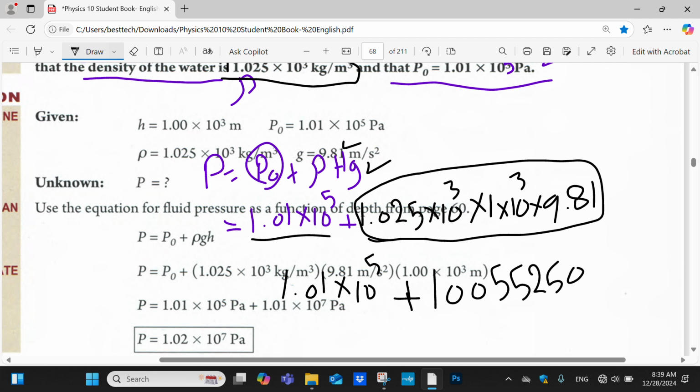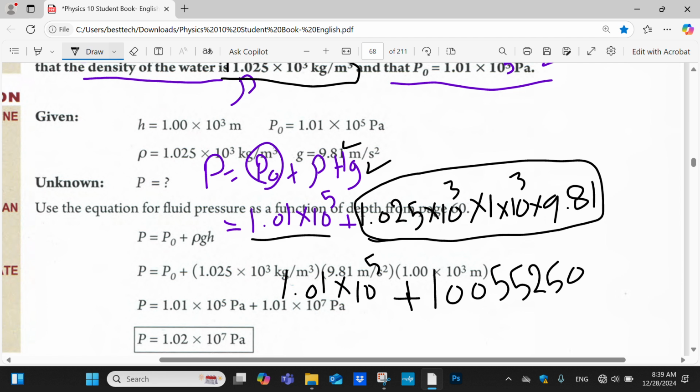Let me do it again. 1.025 times 10 power 3 times 9.81 times the same.